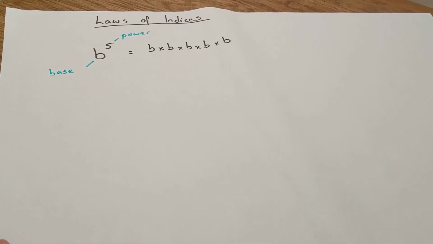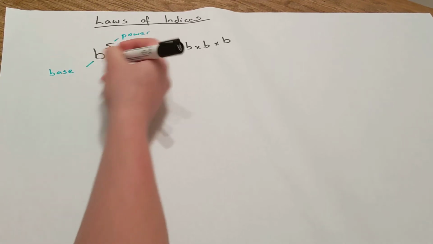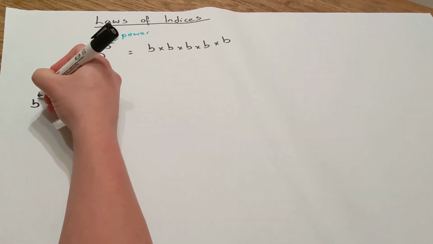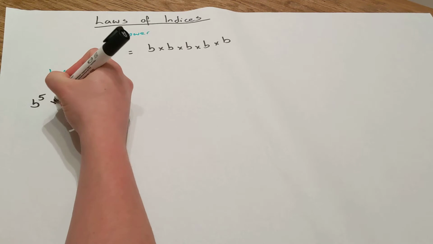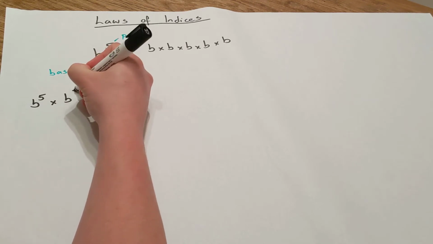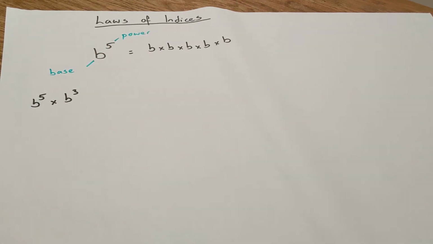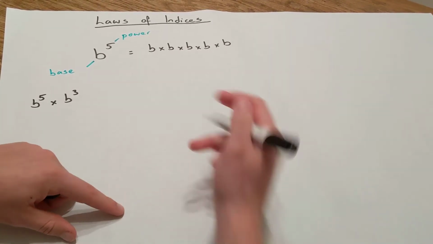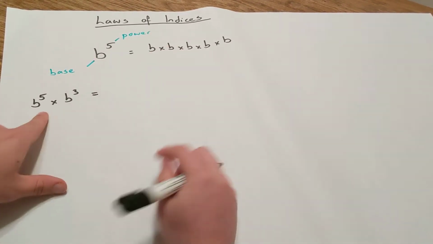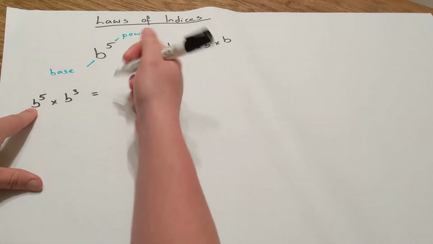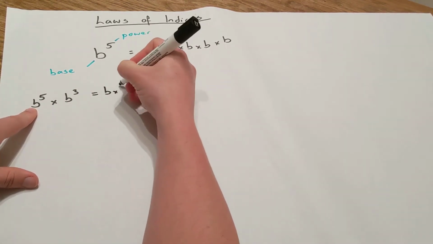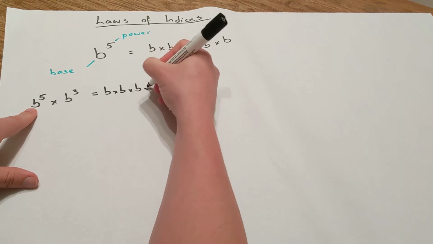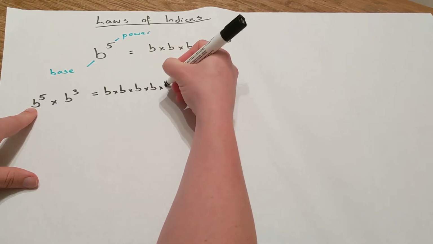Okay, and the first one we're going to look at is, what do we do if we have b to the power of 5 times by b to the power of 3? So, before we learn the law, let's actually write that out. What would that look like? So b to the power of 5, we already know, is b times b times b times b times b.